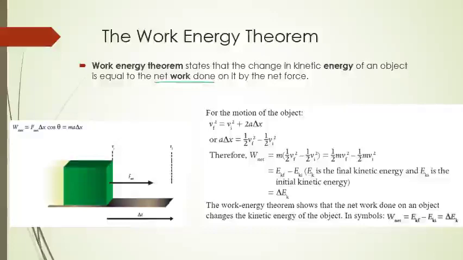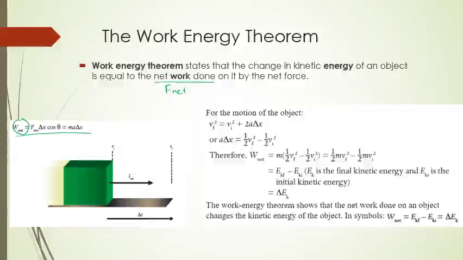We can simplify that process by looking at the net force first. We can calculate the net forces that exist within that system and then just multiply it. And that's where we get this equation from. The net work is equal to the net force times the change in distance times cos theta.